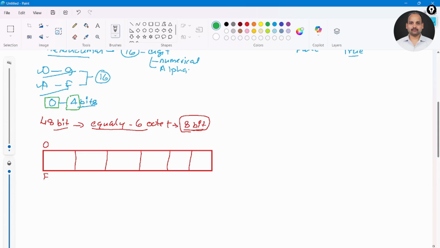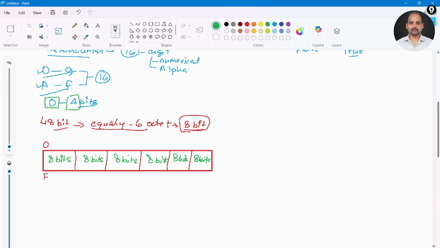So the maximum I can use here is 8 bits, 4 bits and 4 bits, which is 8 bits total in 1 octet.